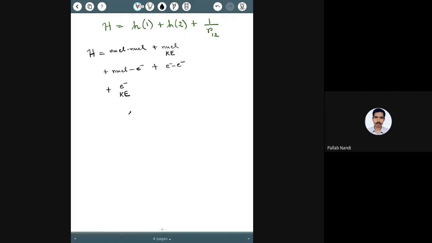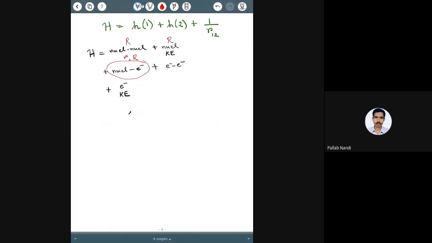Now this is the common part between the electrons and the nucleus, so this is dependent on both the coordinate of the electron and the coordinate of the nuclei. This is only dependent on R.